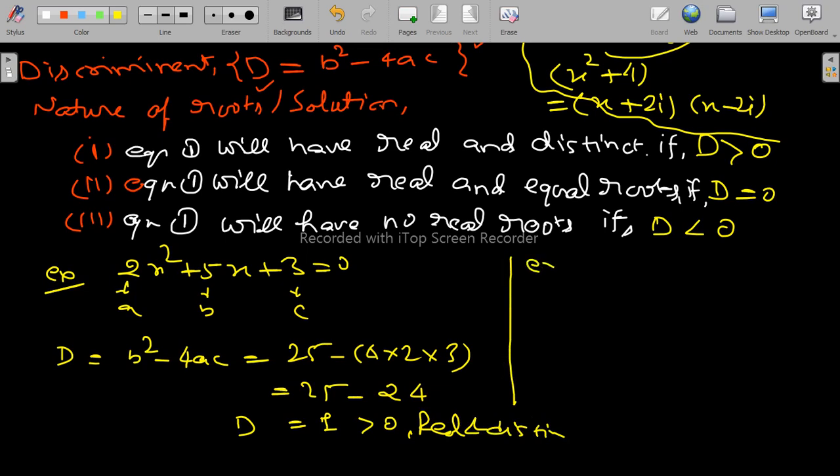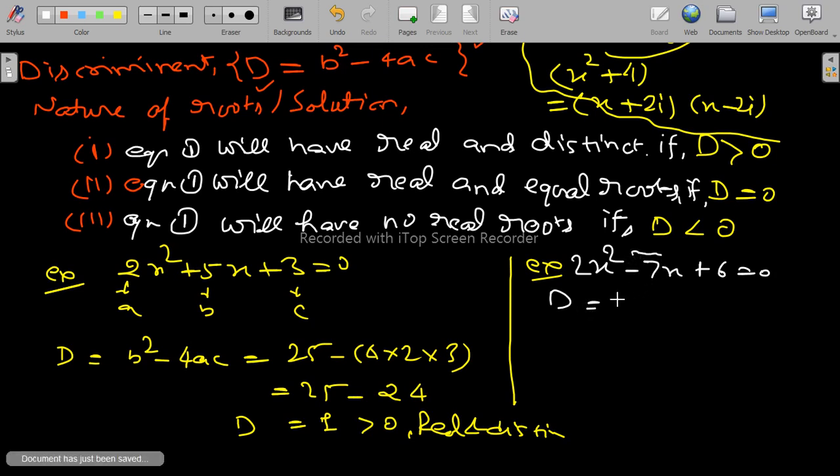But there is one more case in which the equation will have no real roots. For example, 2x square minus 7x plus 6 equal to 0. Let's take this example. Again, find the discriminant. Here the value of b, the coefficient of x, is minus 7. So b square means minus 7 square, minus 4 into a is 2 and c is 6.